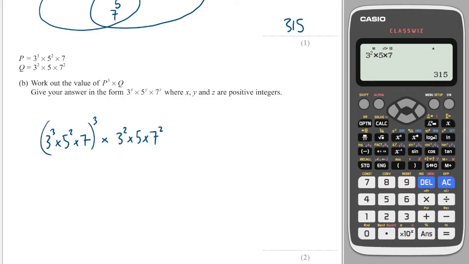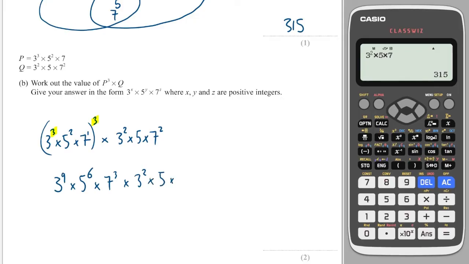Okay, now we're going to use the bracket rule for indices. Whenever I have a base, in this case 3, and then it's raised to a power of 3, and then that is in brackets raised to another power, I can multiply those two powers together. So this gives me 3 to the 9. Same with the 5's. 5 to the 2 to the 3 is the same as 5 to 2 times 3, which is 5 to the 6. And 7 to the 1 to the power of 3 is 7 to the 3.